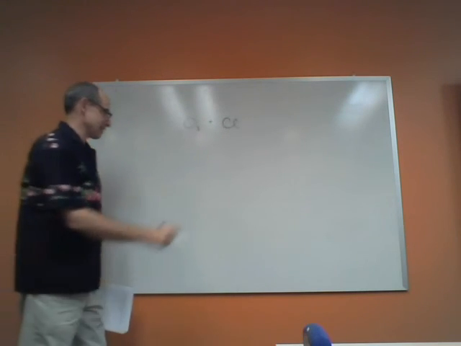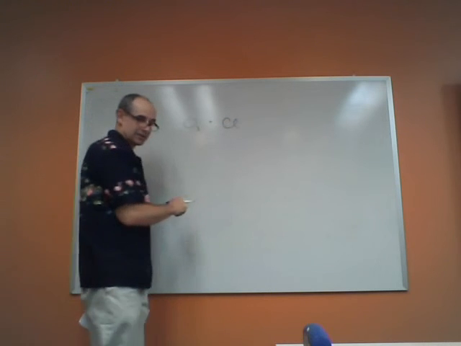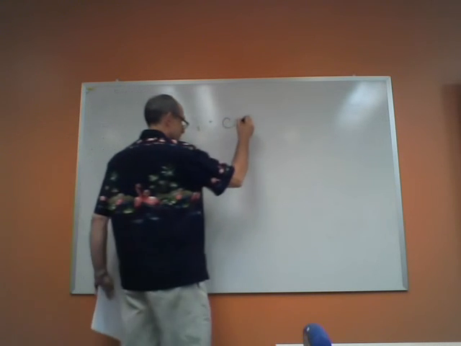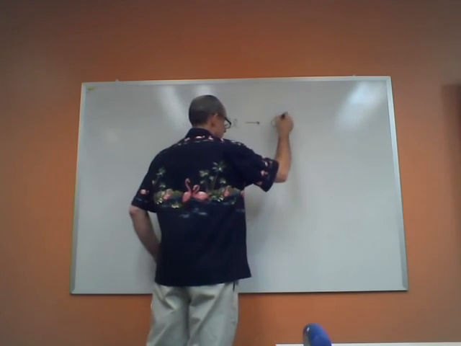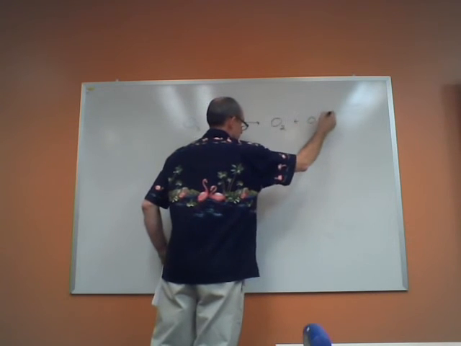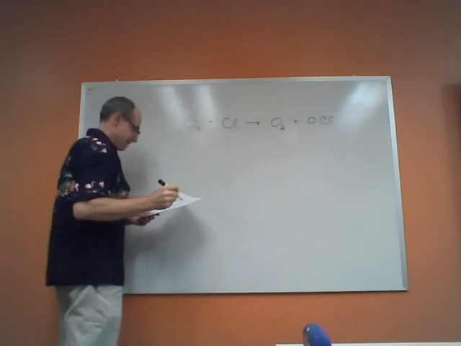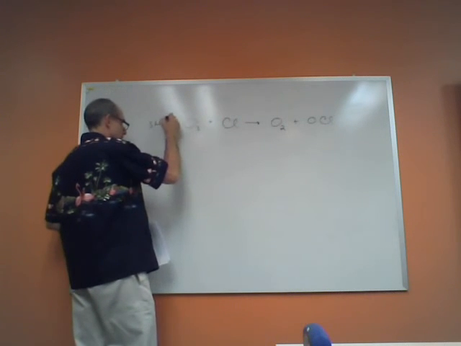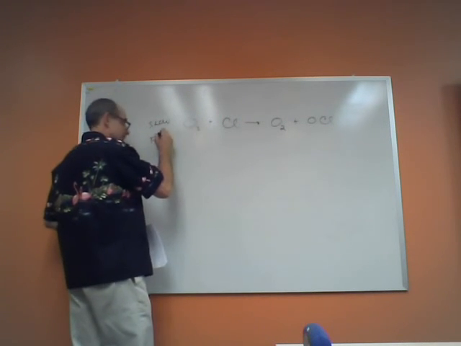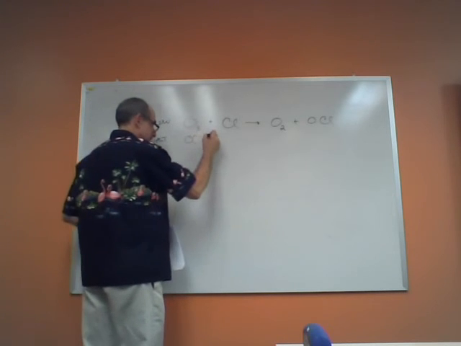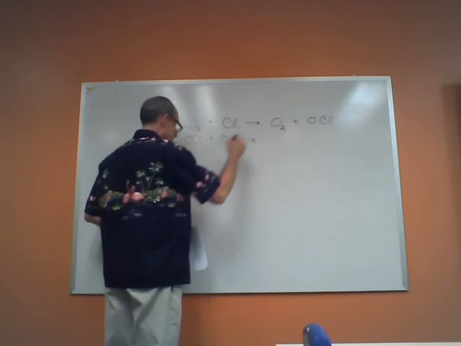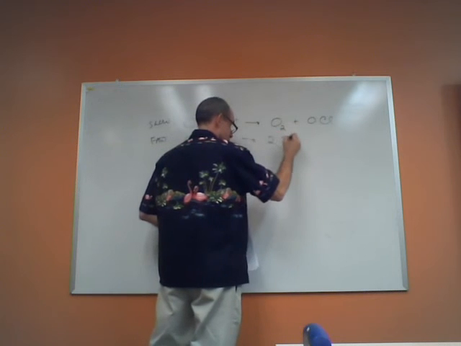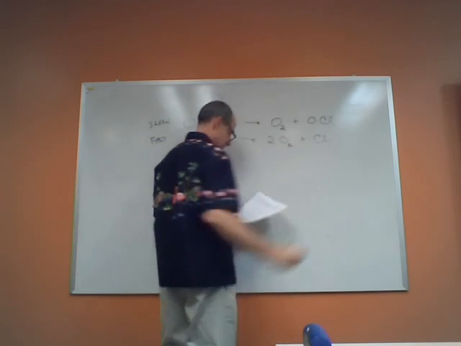And that chlorine atom, that's not Cl2, that's atomic chlorine, so it's not very stable, but it would form an O2 molecule plus OCl. And that's our slow step. In a subsequent fast step, OCl reacts with another ozone molecule to form two O2s and a Cl.